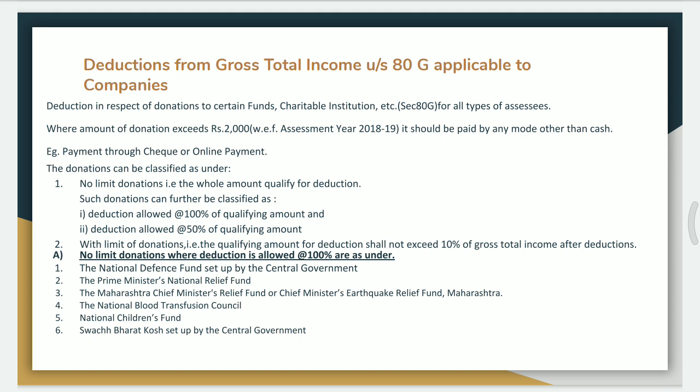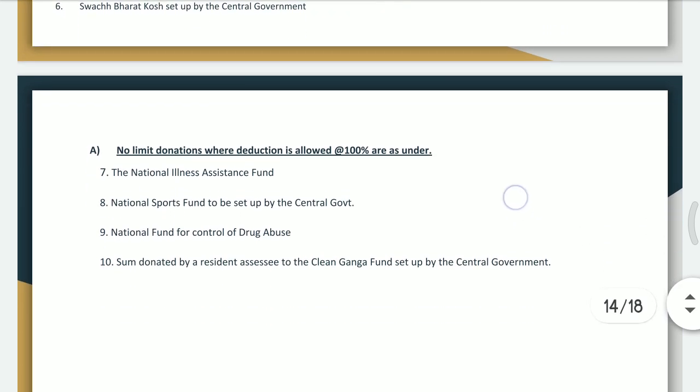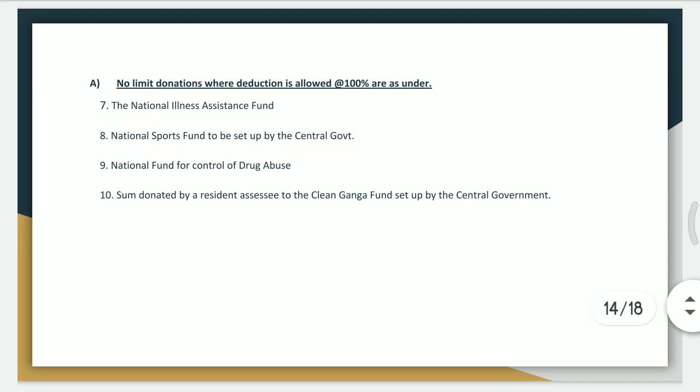No limit donations where deduction is allowed at the rate of 100%: National Defence Fund, Prime Minister National Relief Fund, Maharashtra Chief Minister Relief Fund, National Blood Transfusion Council, National Children's Fund, Swachh Bharat Kosh set up by the central government, National Illness Assistance Fund, National Sports Fund, National Fund for Control of Drug Abuse, and sums donated by a resident assessee to the Clean Ganga Fund set up by the central government.